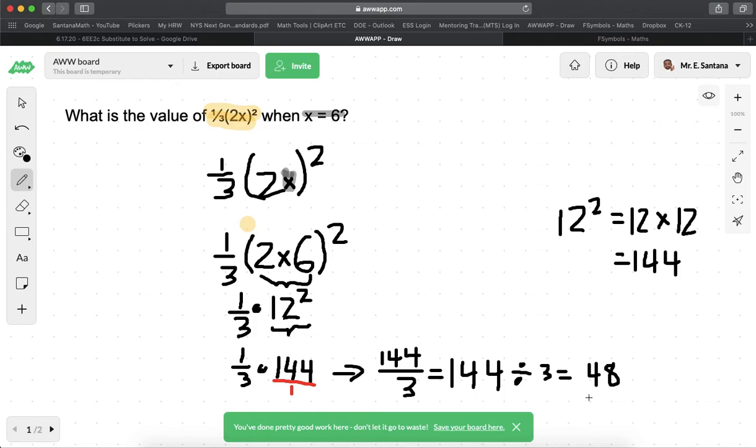And that is how you would determine the value of the expression when given the value of the variable.